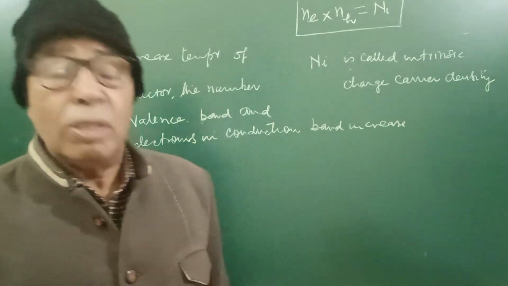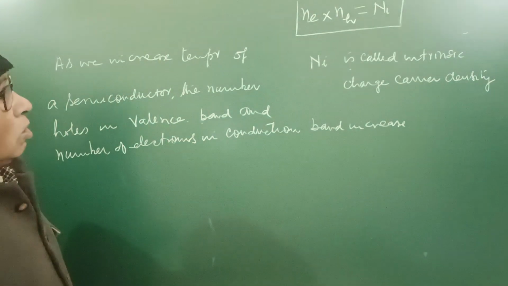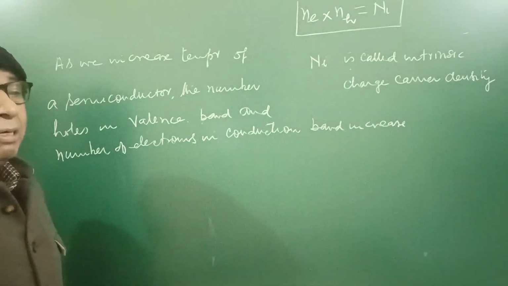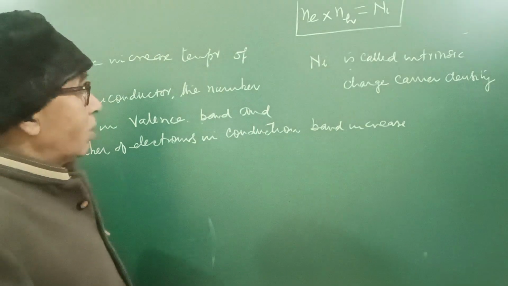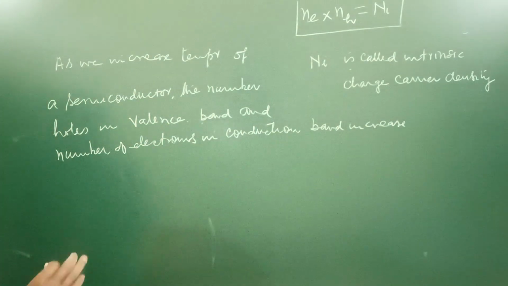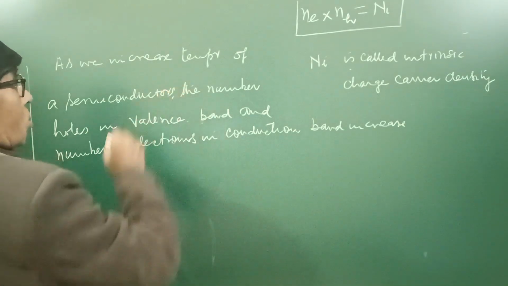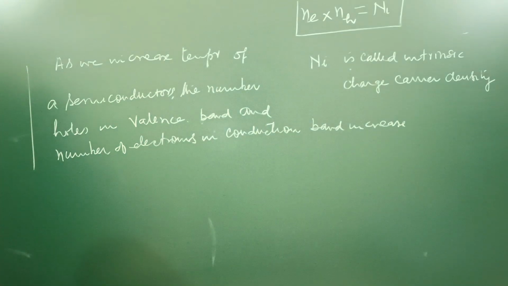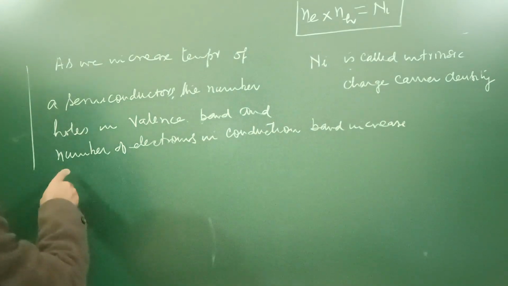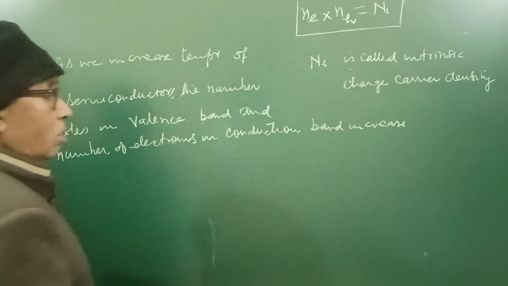This was a question in one exam. Why does the conductivity of a semiconductor increase with the increase of temperature? So the answer is this. As we increase the temperature of semiconductors, the number of holes in the valence band and the number of electrons in the conduction band increases.